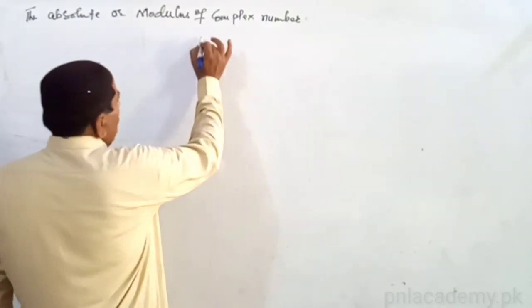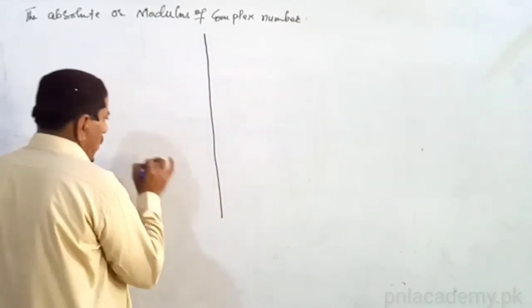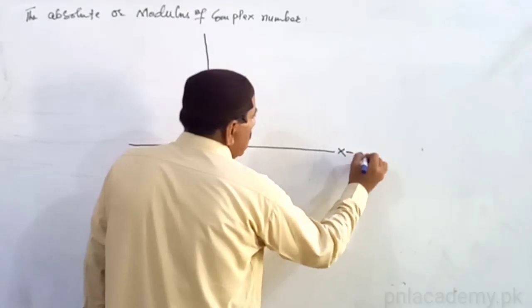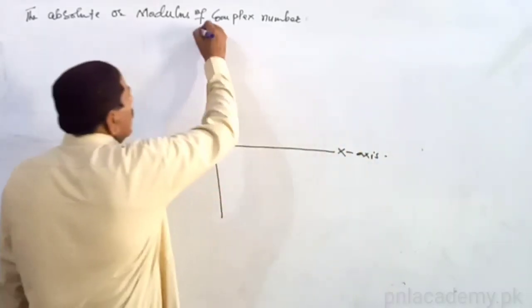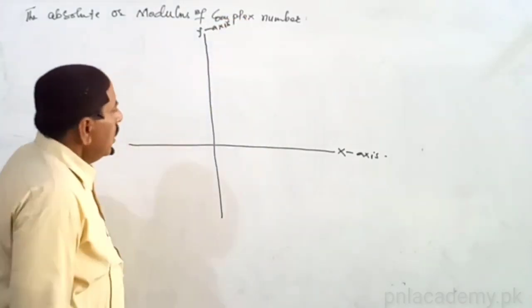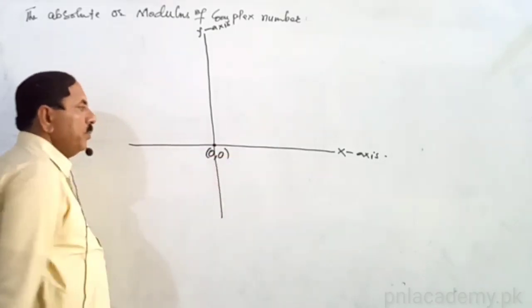So according to the concept of modulus value, just like we draw a plane, this is x-axis, this is y-axis, this is the origin 0, 0.